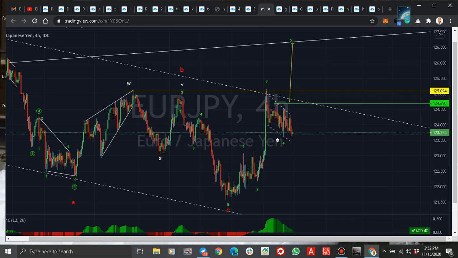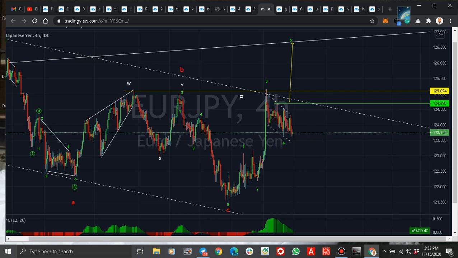This is another contradiction. Pounds dollar and euro pounds are going different ways.